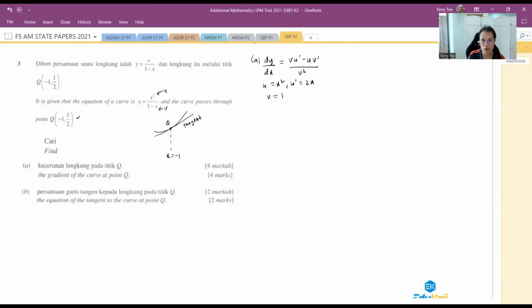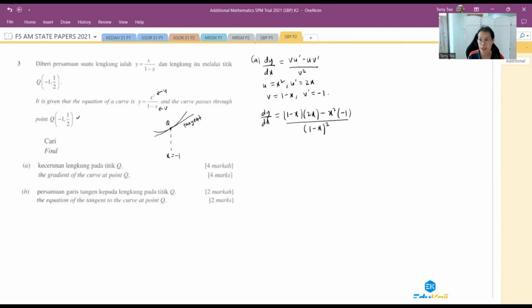If my v is 1 minus x, my v prime is just -1. Differentiate 1, you get 0. So my dy/dx will be: copy v first, 1 minus x, times u prime, which is 2x, minus u, which is x squared, times v prime, -1, divided by v squared, (1 minus x) squared.